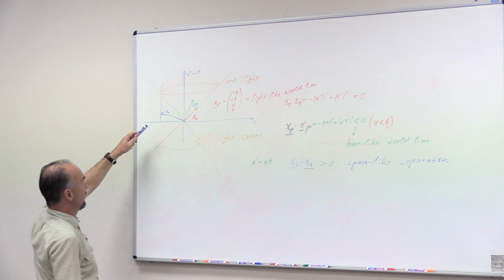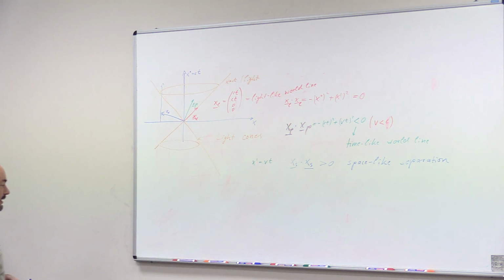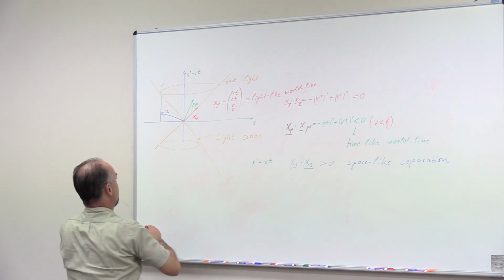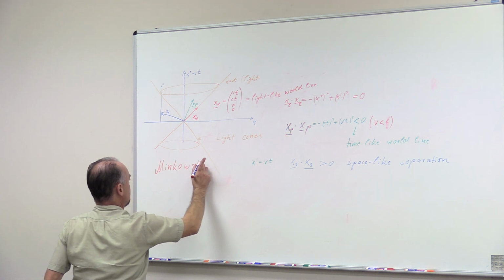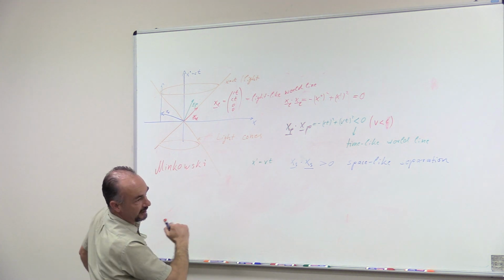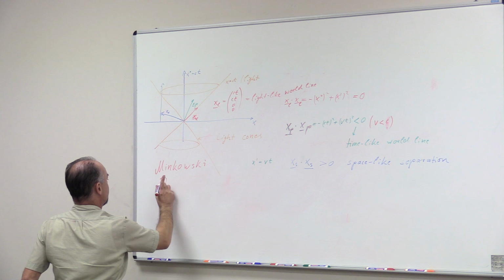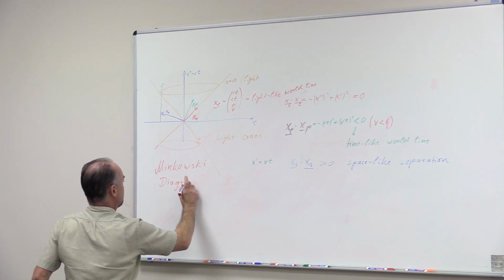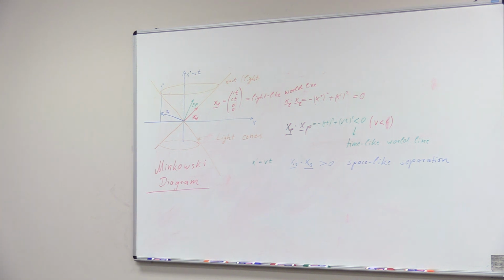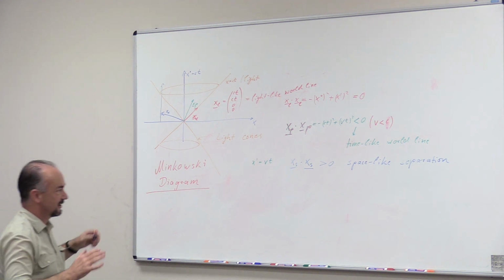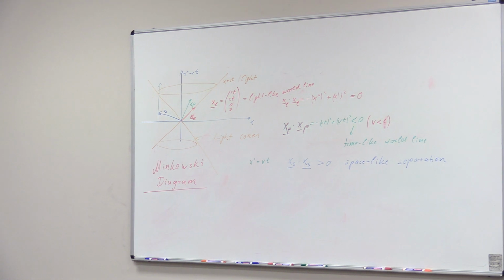And these kinds of diagrams with space and time are called Minkowski diagrams. They're a very simple concept, but quite helpful to illustrate and to visualize some of these paradoxes that we can discuss now.